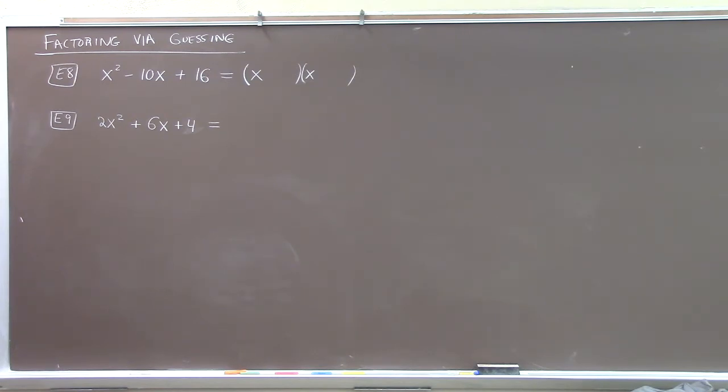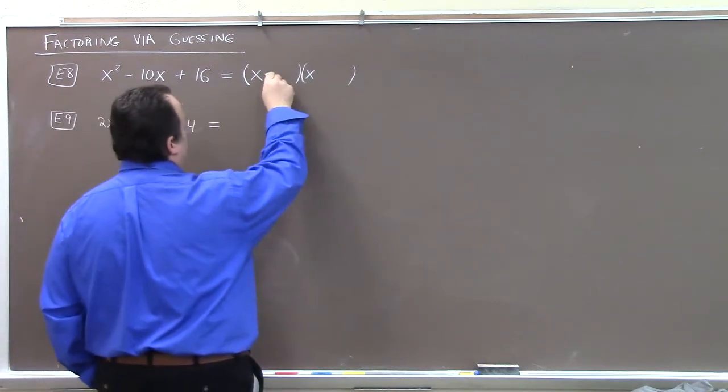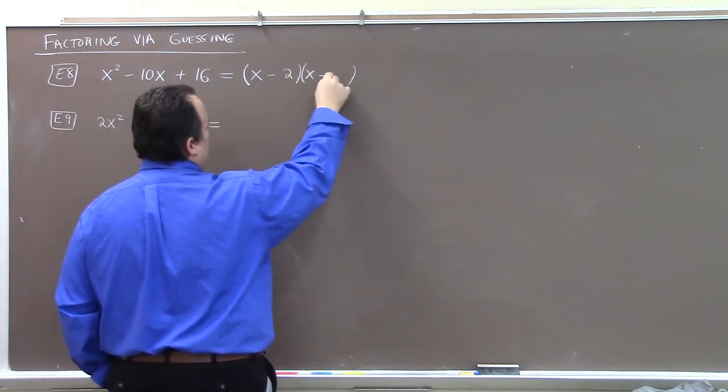We should be thinking about how we factor 16. You've got 8 and 2, you've got 4 and 4, you've got 1 and 16. I think 8 and 2 might be a winner here because we got 10; 8 plus 2 is 10. We've got to have it negative, so we do x minus 2, x minus 8.